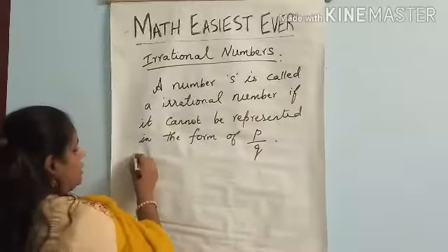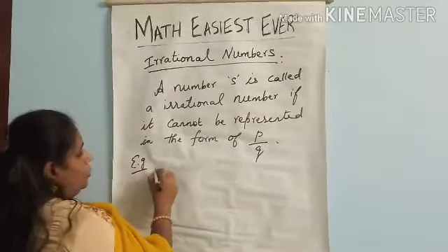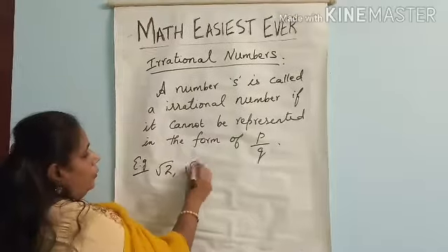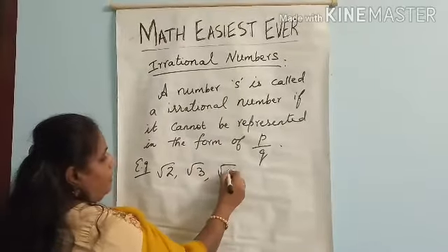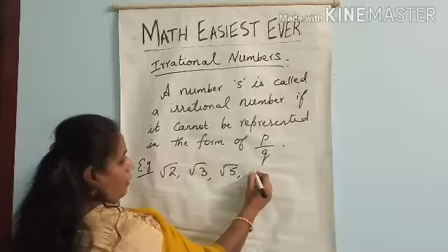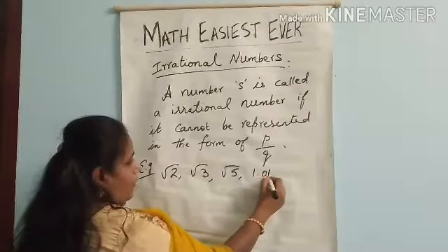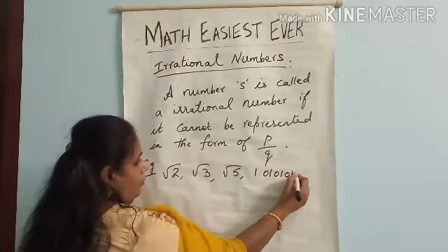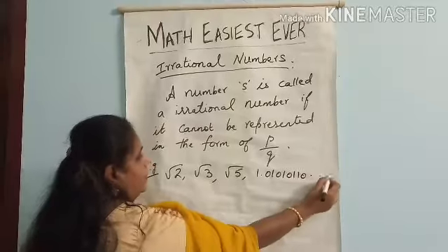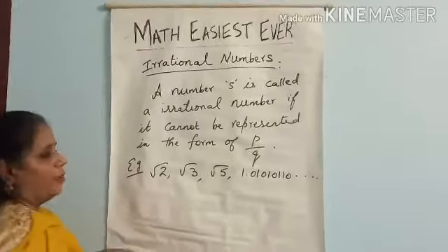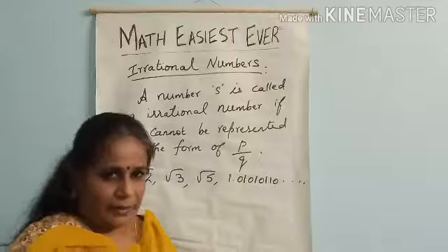Now, I'll give you examples for that. Root 2, root 3, root 5, then 1.01010110 like that. These are all examples of irrational numbers.